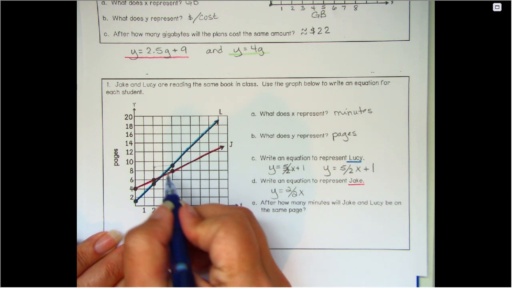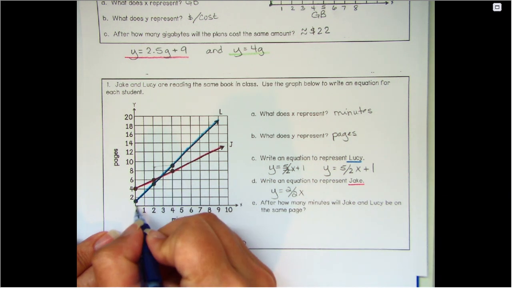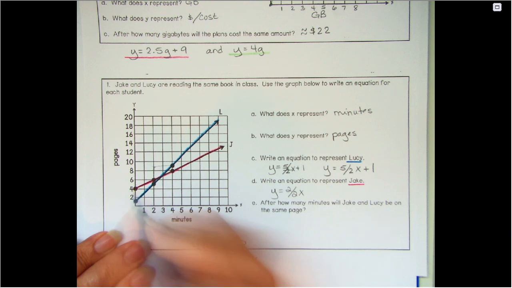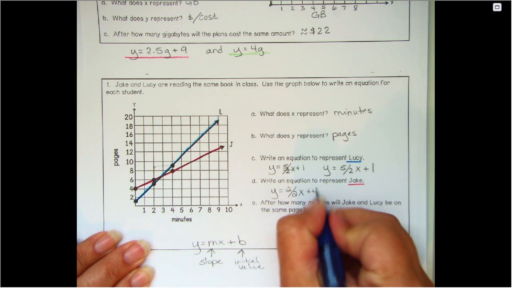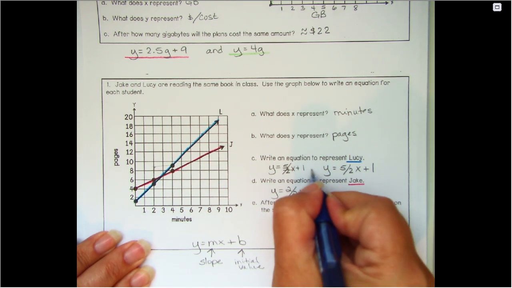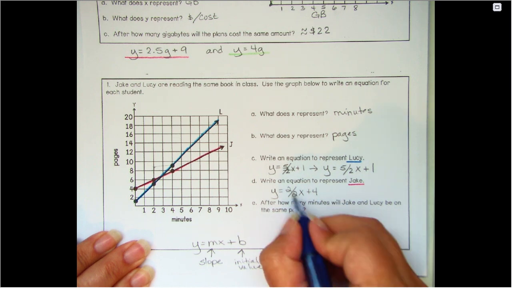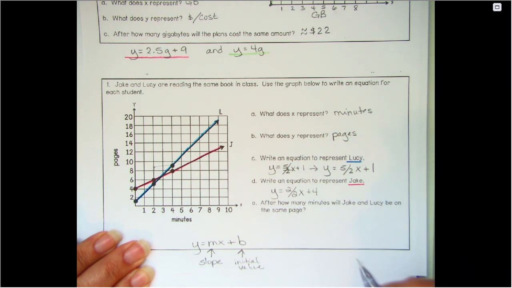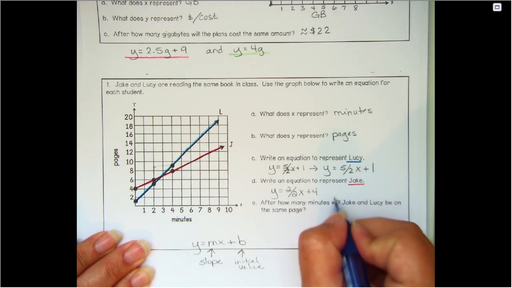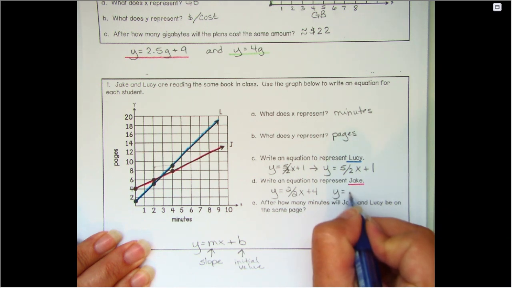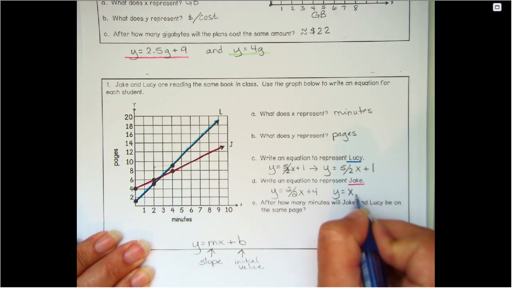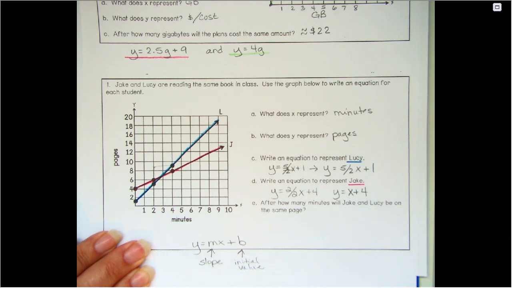Where does Jake start? Jake starts at 4. 2 over 2 is just 1. So Jake's equation is 1x, which is just x, plus 4.